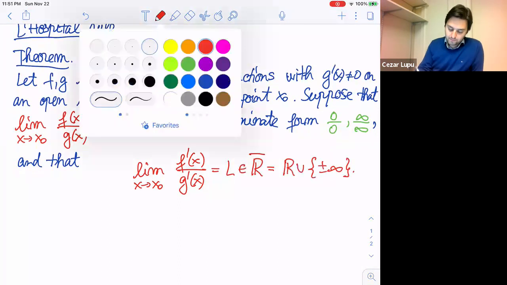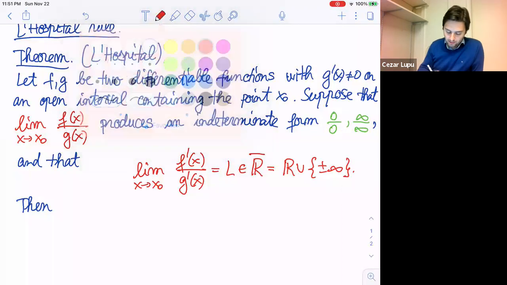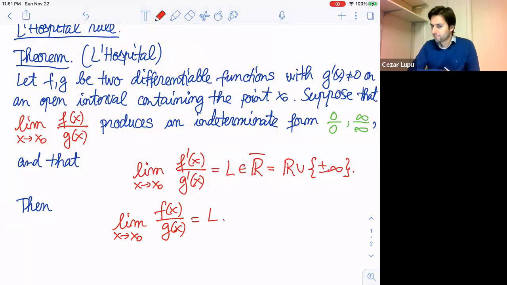Then we can say that the limit as x approaches x naught of f of x over g of x will be equal to L.